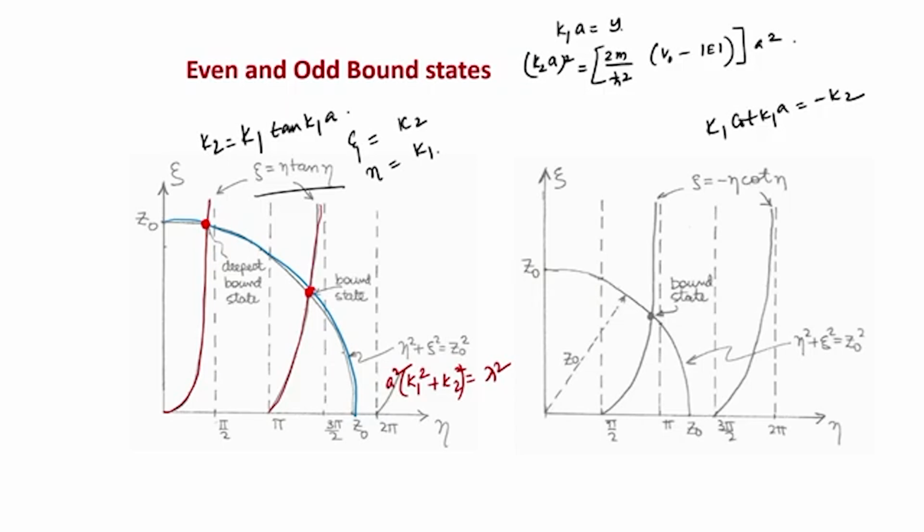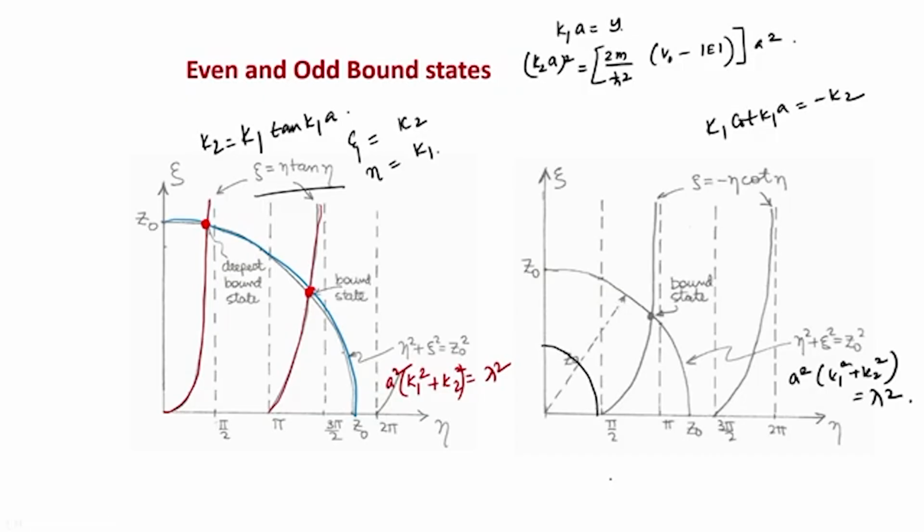And if you have a circle which is eta squared plus xi squared equal to z0 squared, which in our language is a squared k1 squared plus k2 squared equal to lambda squared, and if this circle is like this, then there is no bound state.